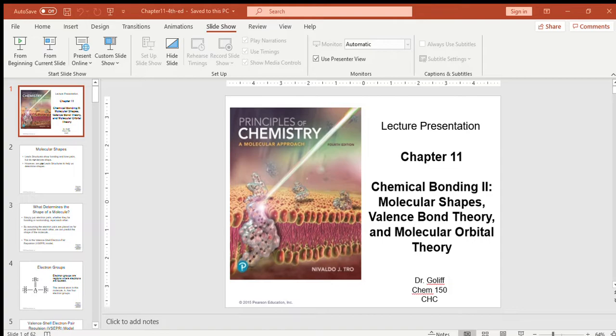But if they're the same charge, like all these electrons in all these bonds, or if they're lone pairs, same thing, they will repel each other because they're negatively charged. So since they do repel each other, we assume that these pairs of electrons contained in bonds, or non-bonding pairs, want to be as far apart from each other as possible. That is the basis of the VSEPR theory, valence shell electron pair repulsion.